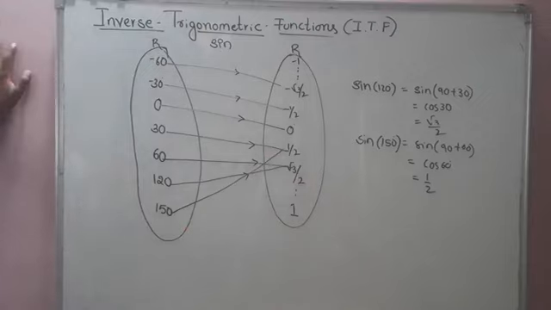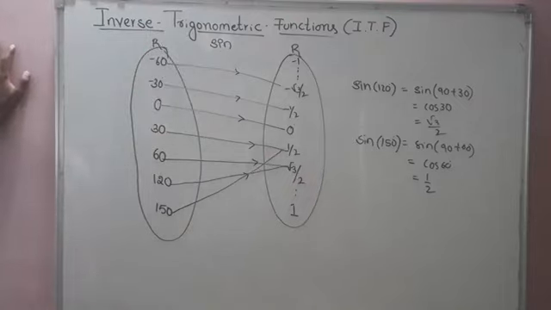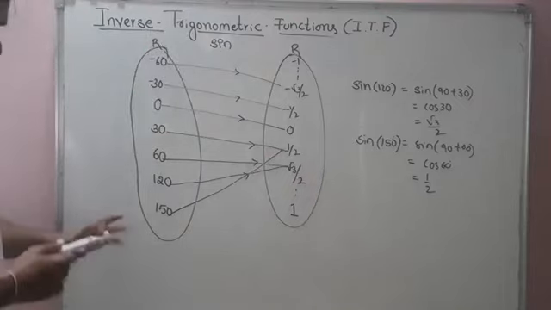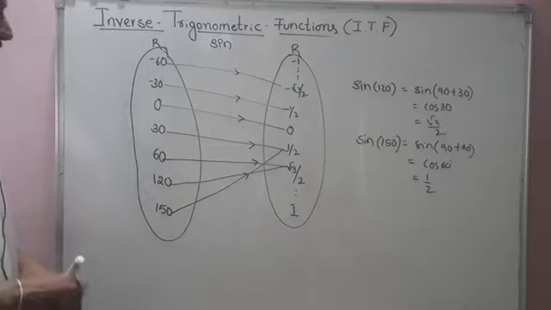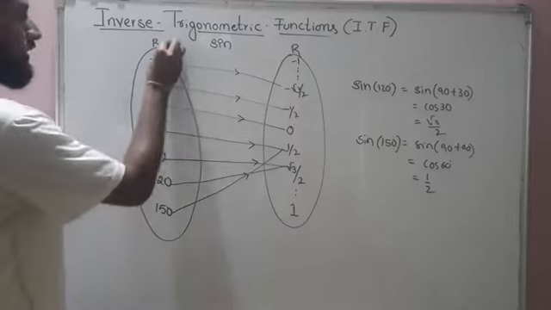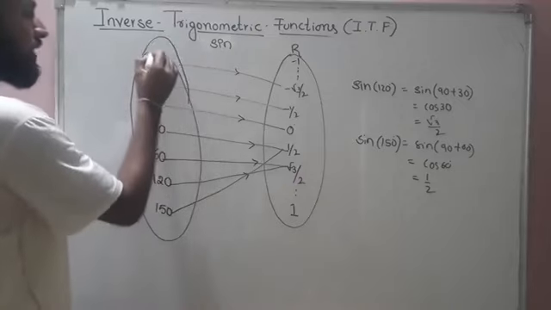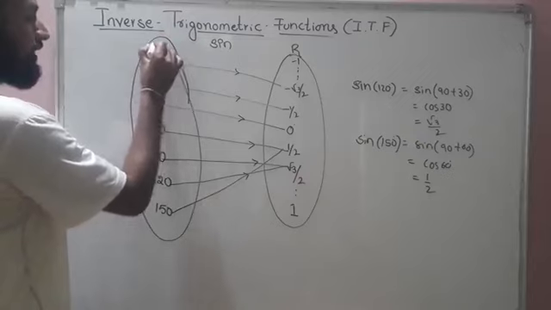So similarly, yeah, we can write for negative also, negative of 120 and negative of 150. Now the question here is, let me take those two values also, that is minus 120 and minus 150.